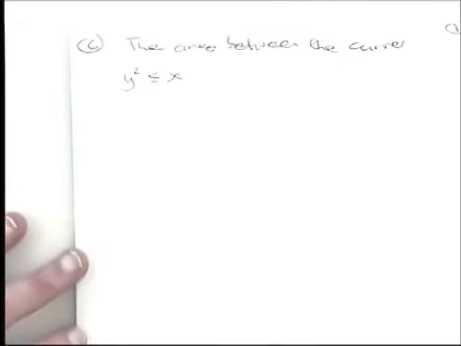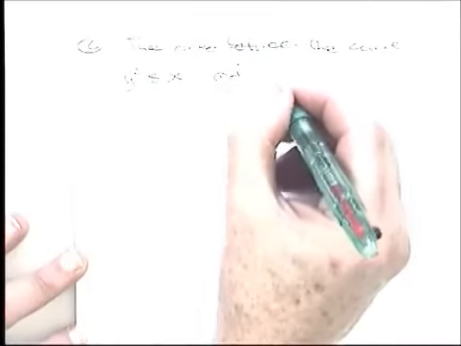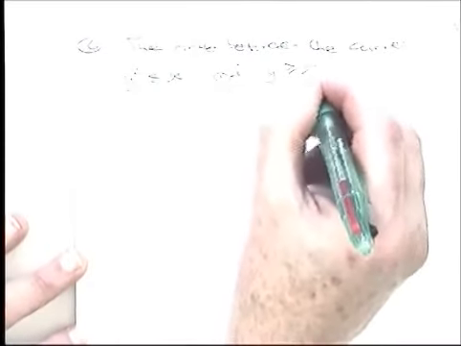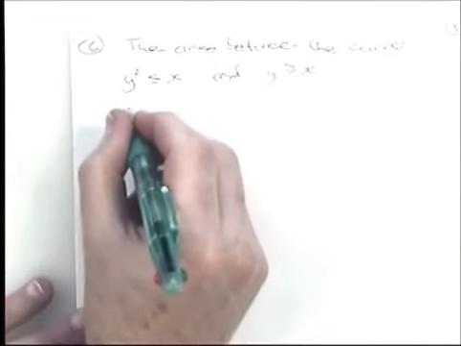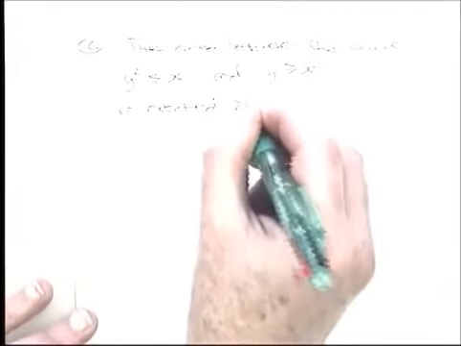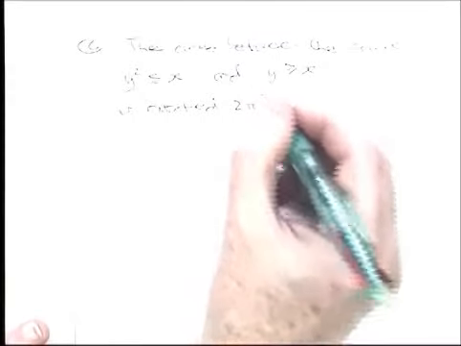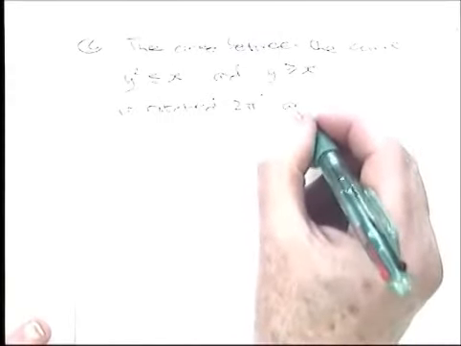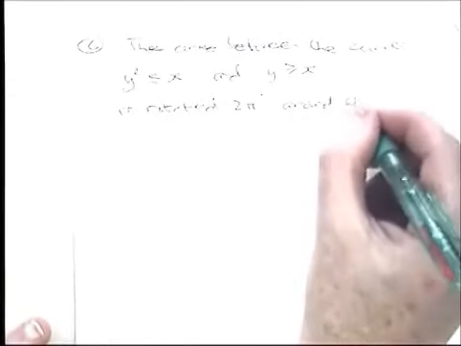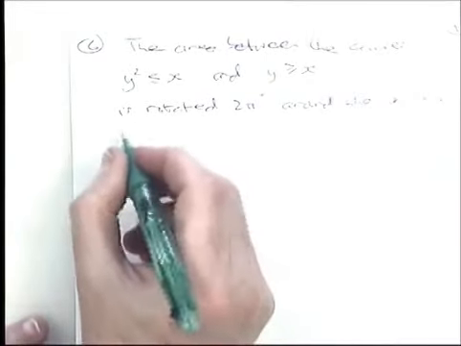It's y squared is less than or equal to x, and the other curve is y is greater than or equal to x, and the area between those is rotated 2 pi radians around the x-axis. Find the volume.